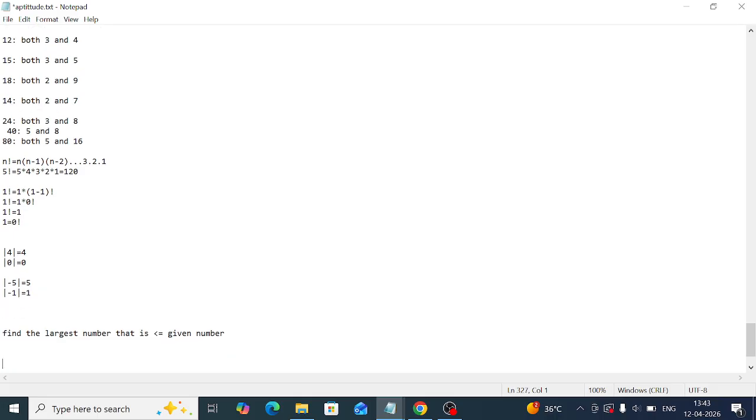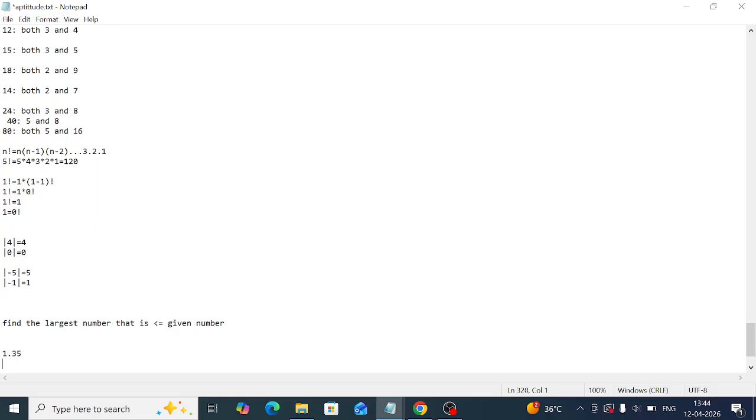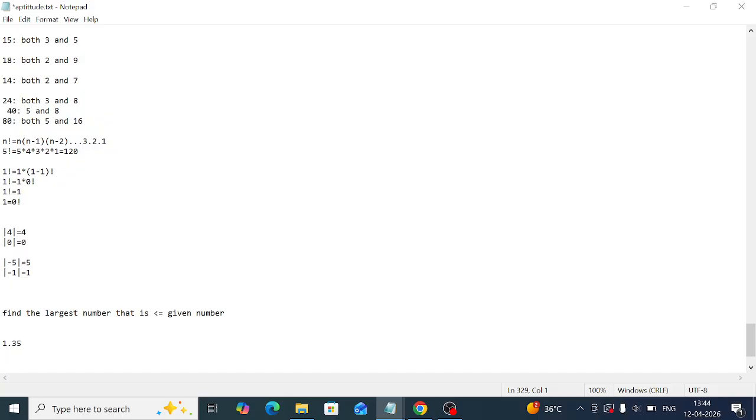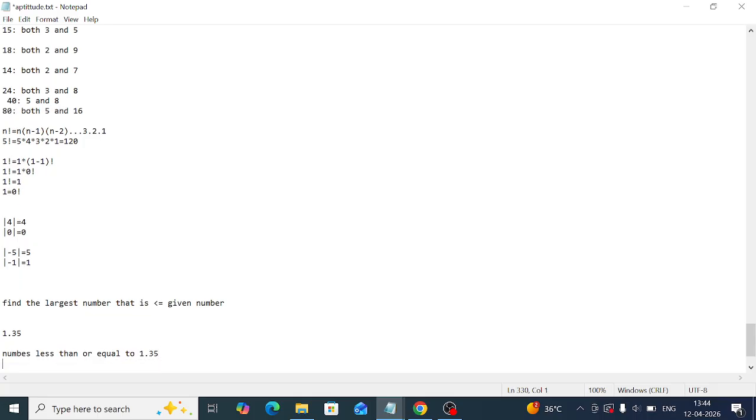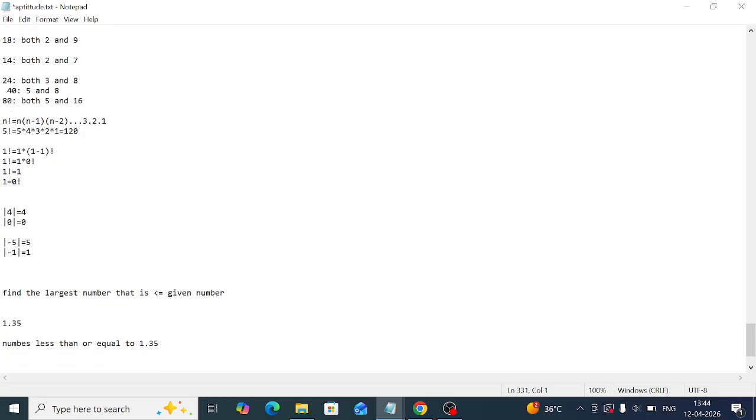I am giving one number, 1.35. What are the numbers less than or equal to 1.35? 1, 0, -1.